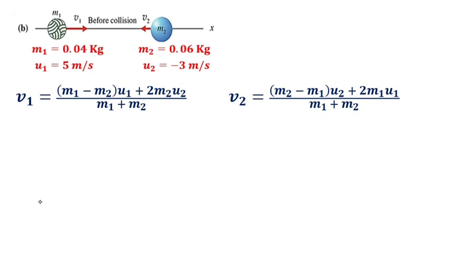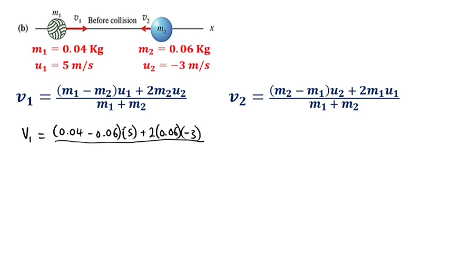So using the same formula, let's go ahead and do the substitutions. V1 is equal to mass 1, 0.04 minus 0.06, times 5, plus 2 times 0.06 multiplied by negative 3. That's the second velocity. Now all this is over the sum of the masses, which is 0.1.